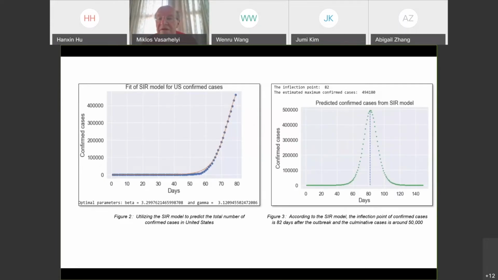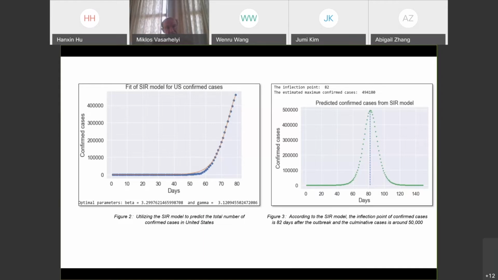Yes. The SIR model is a very simple epidemic model. It assumes that there are three parts of population. The first part of population is the susceptible people. The second part is infected people, and the final part is recovered people. The population will consist of these three kinds of people, and there are different transmission rates between these three parts of people.